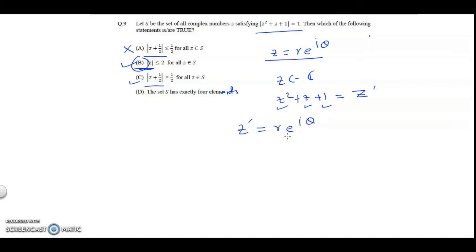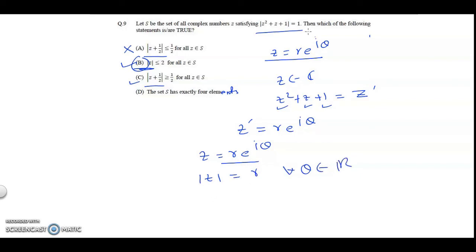Now they are giving that modulus of this z dash is 1. If any z can be represented as r e to the power i theta, the modulus of that z will always be r, remember, for all theta belonging to real numbers.